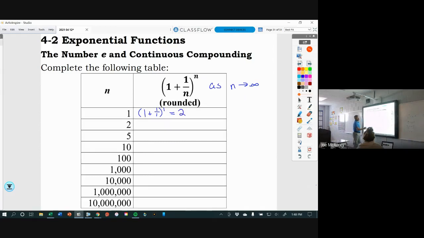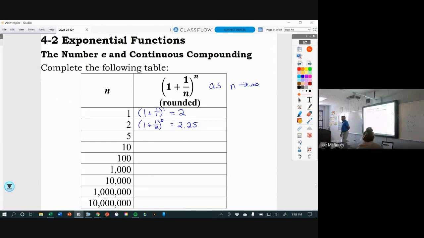What happens as n gets bigger? I now have 1 plus 1 half, because n is now 2, squared. Well, 1 plus a half is 1.5, and 1.5 squared is 2.25. It got bigger.